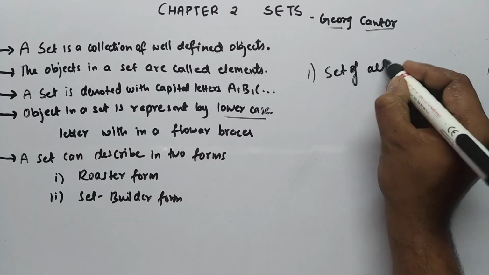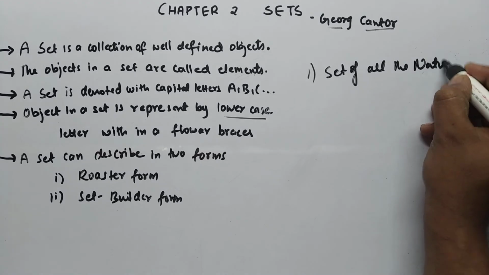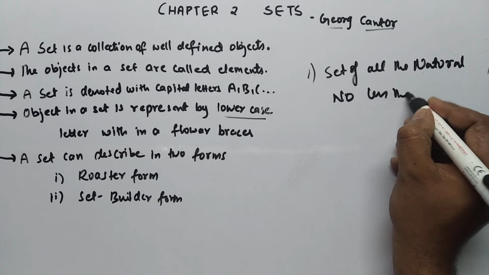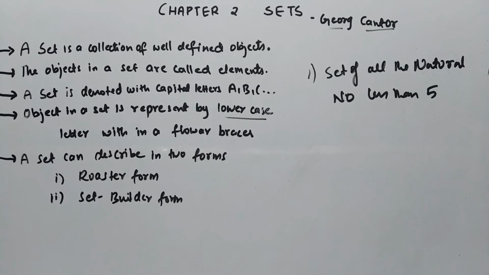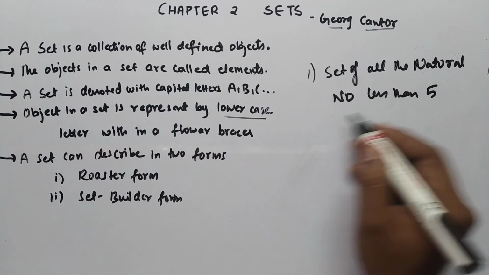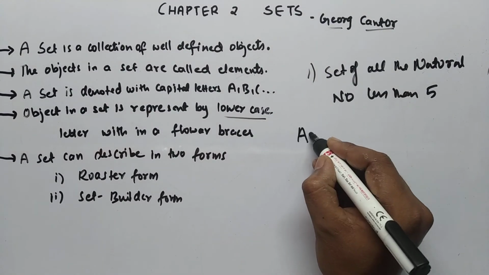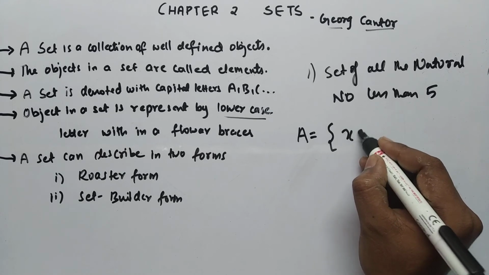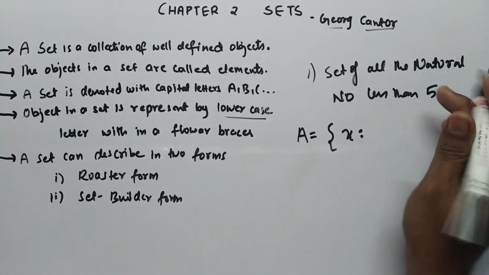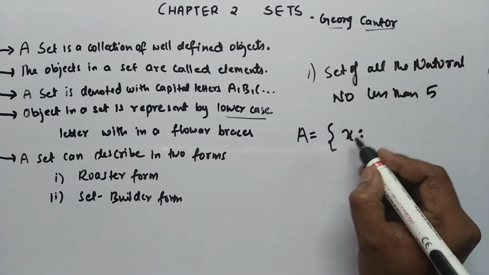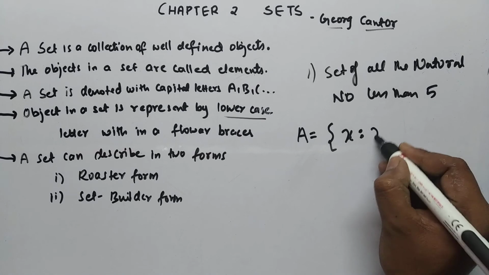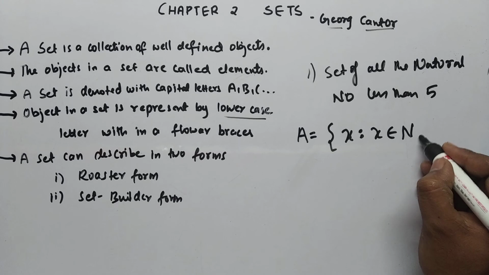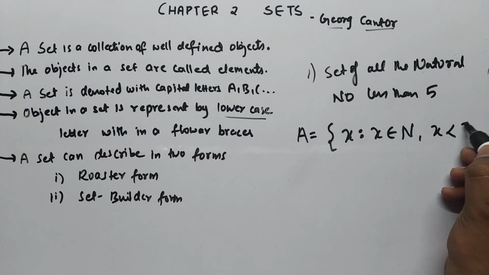The set of all natural numbers less than 5. If you want to represent it in set builder form, you start with curly braces and write x such that x belongs to natural numbers, and x is less than 5.